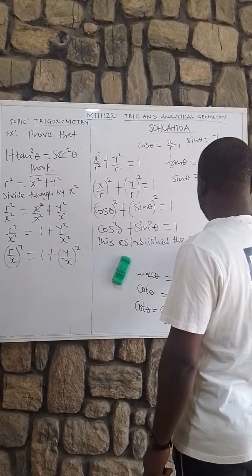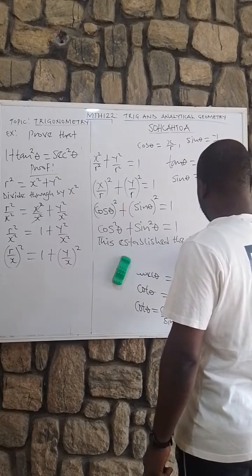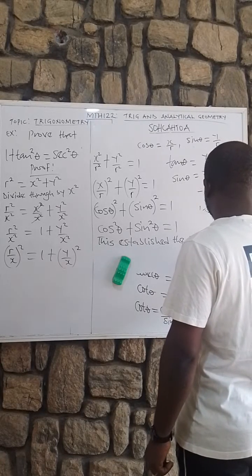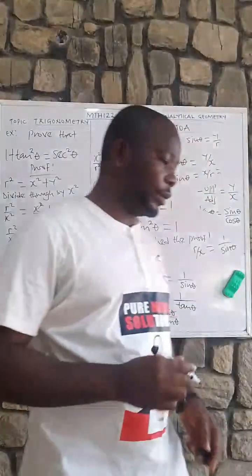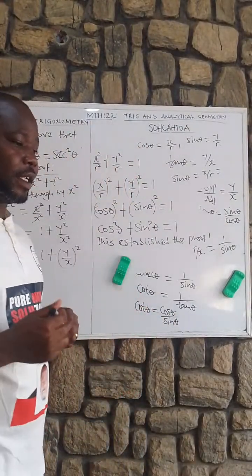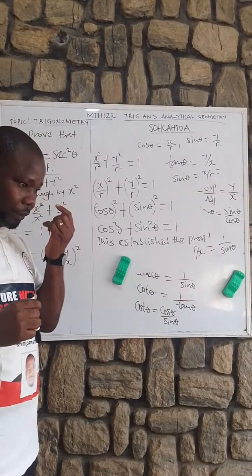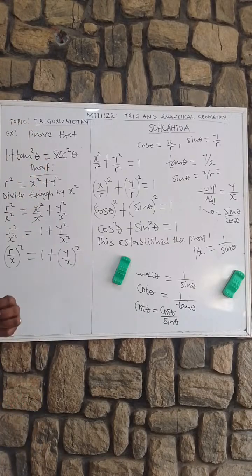If we write r all over x, it means this is 1 all over sin theta. So now, what is 1 all over sin theta? Cosec theta, right? True or false?